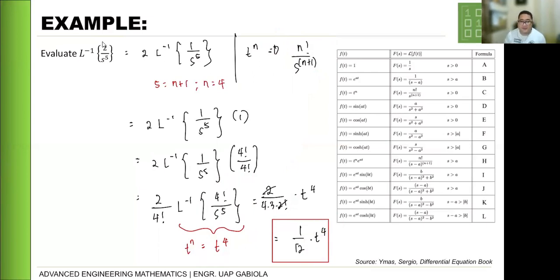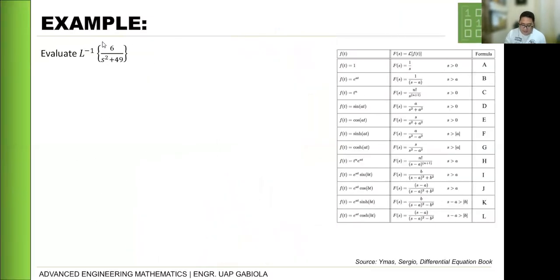Okay. Right. So next. Next is we have again a constant numerator, then over a value of s squared plus 49 in the denominator. So as we can see here, s squared plus 49, 49 is actually a perfect square na 7, no?